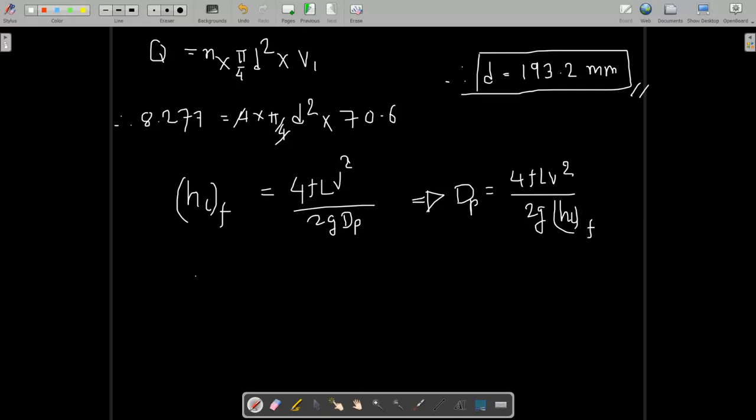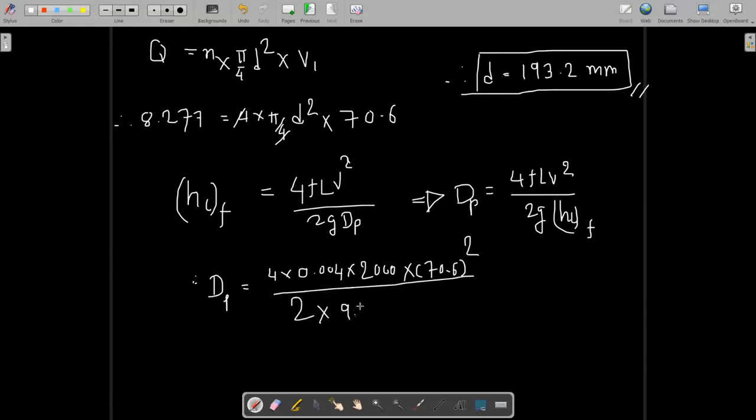So the diameter of the penstock is 4, and the coefficient of friction is 0.004. L is 2 kilometer, that means 2000 meter. V square, velocity, is 70.6 whole square. 2g is 9.81, and head loss due to friction is 30 meter, which we have already found, that is 10% of the gross head.